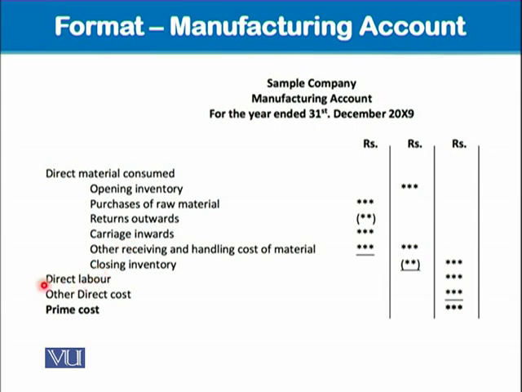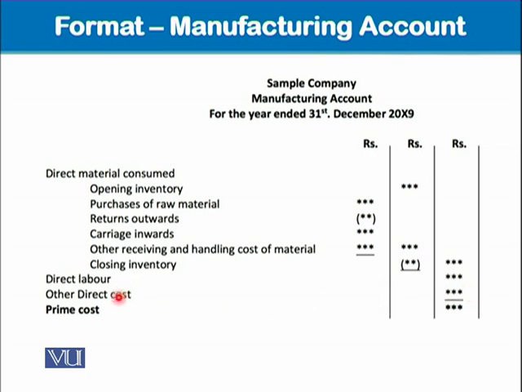Next comes direct labor cost. It is straightforward: the cost that we will put under this direct material consumed figure. So direct material consumed plus direct labor cost, and if there is any other direct cost, we will place it over here.